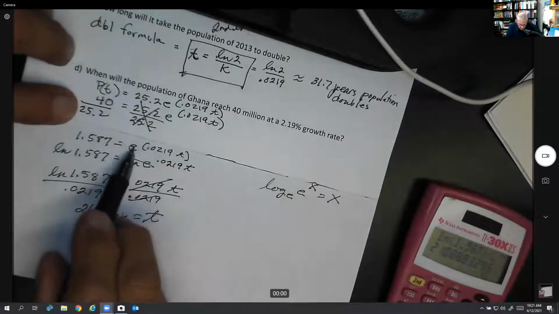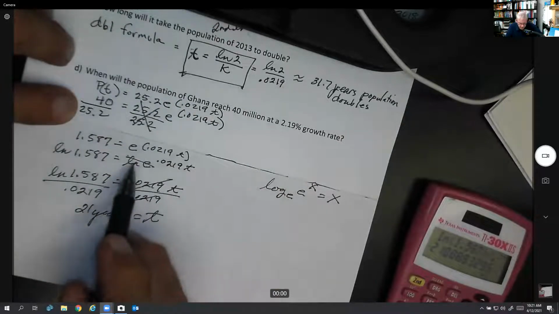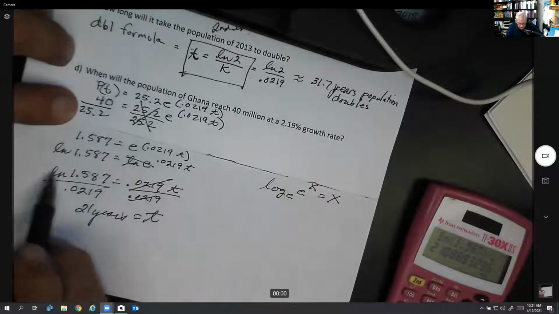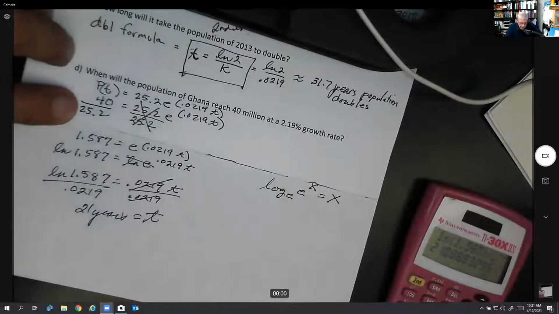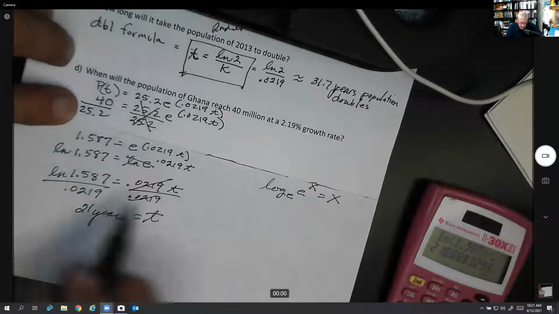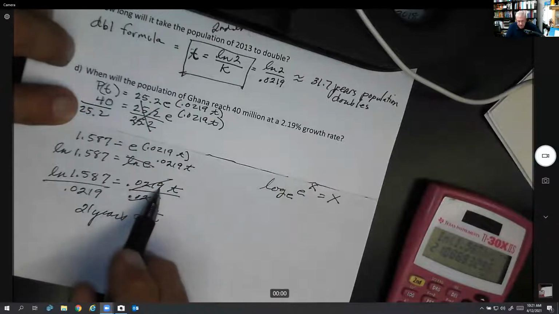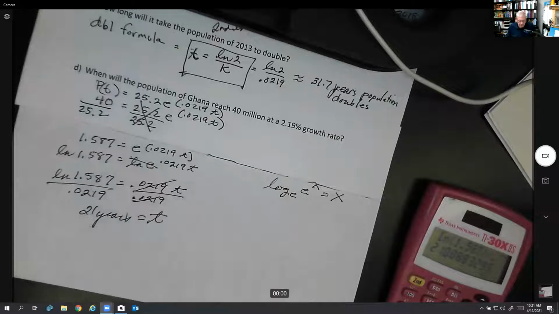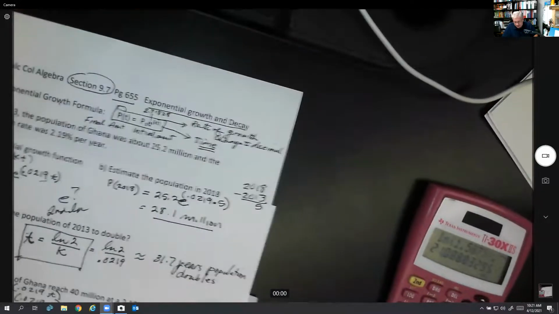Then we want to get rid of the E. Took the ln of both sides, natural log. Then finally we want to get rid of the 0.0219 to K. Okay, so let's try another one of these, see if we can do it. Okay, let's take one out of the book here.